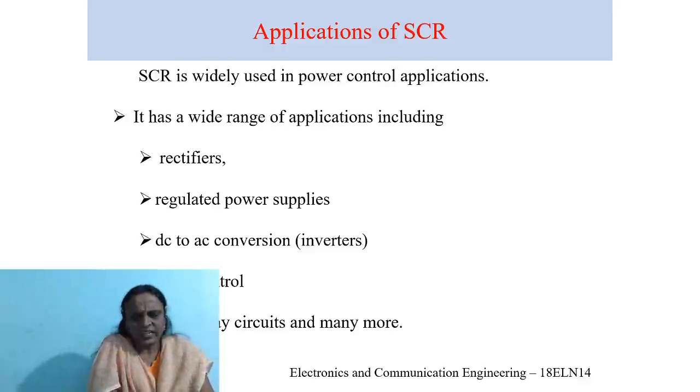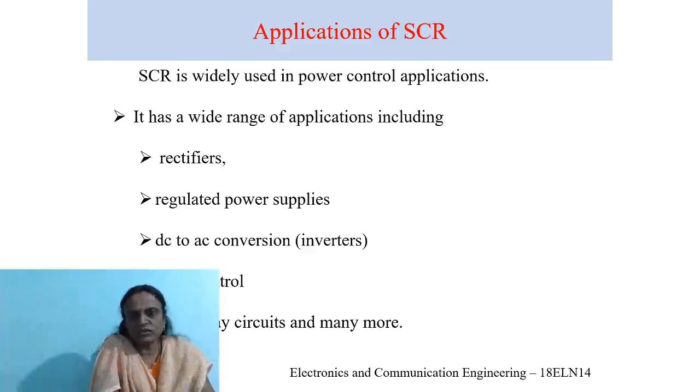When the SCR is in the forward conduction mode, it is acting as a closed switch. The SCR current flows with the help of the gate current IG, and we compared IG1, IG2, IG3, that is, the different values of IG. IG means the gate current, and we saw that whenever the IG value is very close to IA, the anode current, the minimum time to turn on the SCR is achieved.